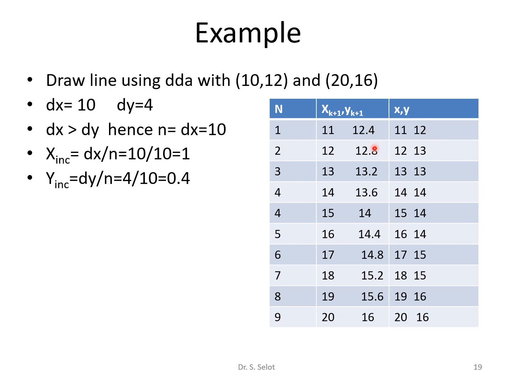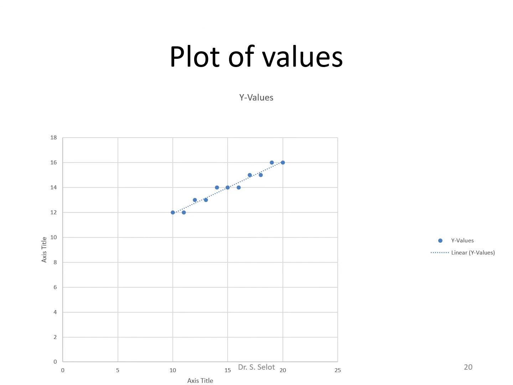You again add 0.4, it is 12.8, rounded to 13. 13.2 rounded to 13, 13.6 rounded to 14. So we get these rounded pixel positions, which are plotted onto the screen to get a line path. So this is an approximation. It is an enlarged figure, hence we see such a vague representation of pixel positions. But in a finer resolution screen, we get a better representation of a line.